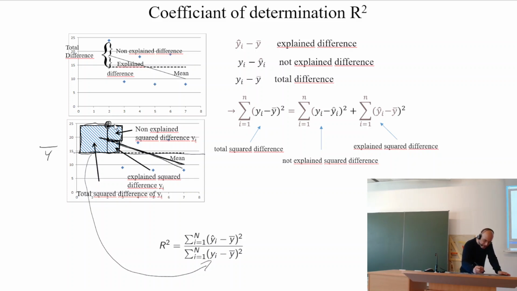And on here, this is now the corresponding data point, which corresponds to this actual data point, but which is lying on the regression line. And still, this also has a distance to our arithmetic mean.